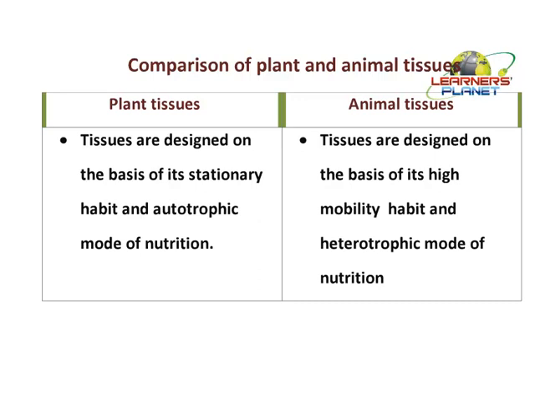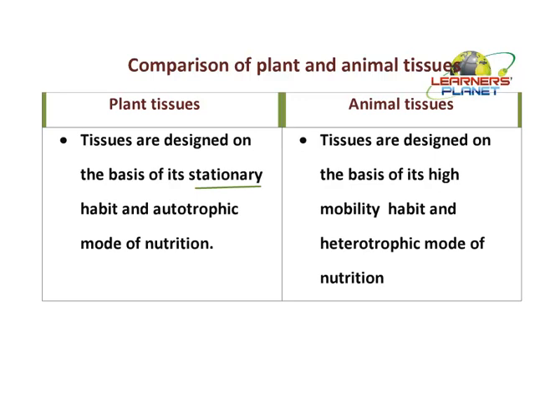So plant tissues: we said plants are autotrophic and they are stationary. This is the first criterion to decide what type of tissue should be present in the plants. Since they have a stationary habit, they cannot move from one place to another.